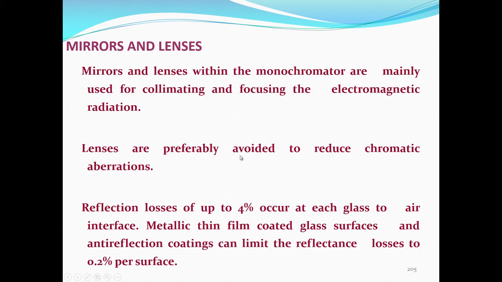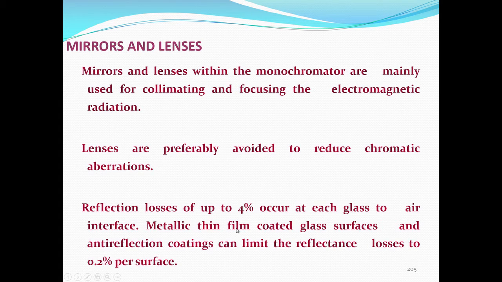Lenses are preferably avoided because, as our knowledge of physics tells us, there will be chromatic aberrations associated with lenses. So, normally reflection losses occur up to 4% at each glass to air interface.